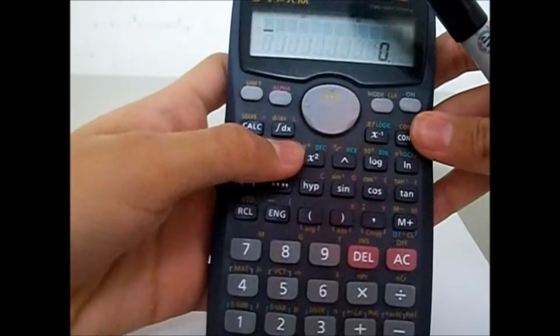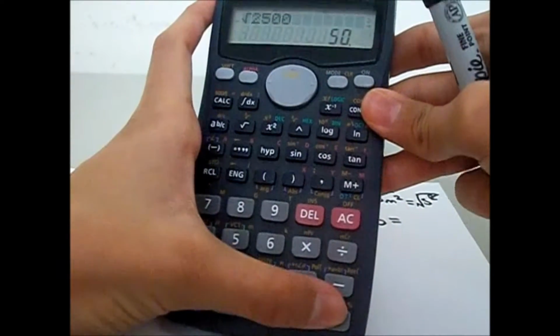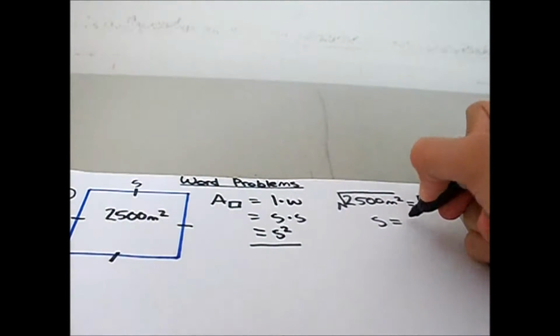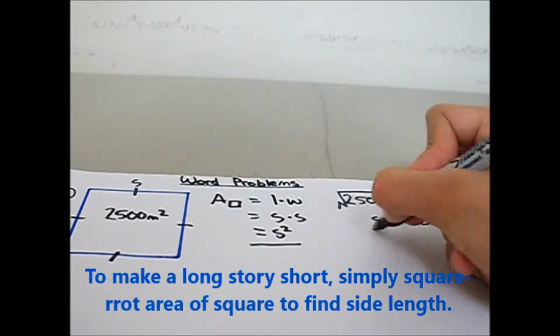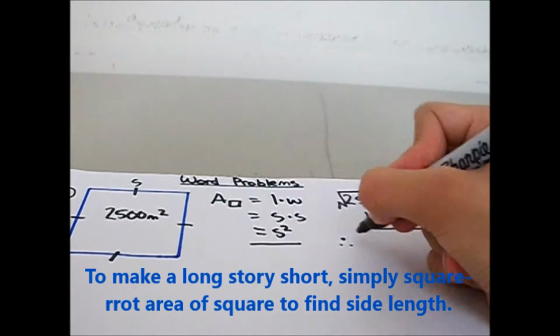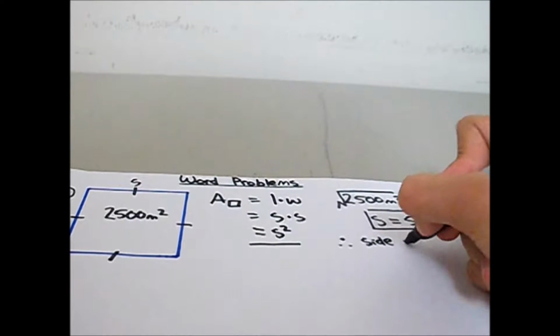That's a pretty big number, so I'll use my calculator. Square root symbol, 2,500, and that gets us 50. So I'm going to write side equals 50 meters, and a therefore statement. Therefore, one side is 50 meters.